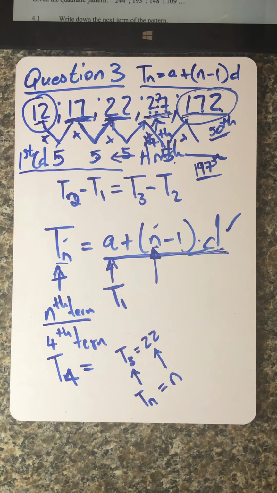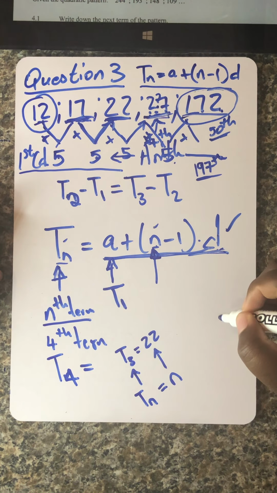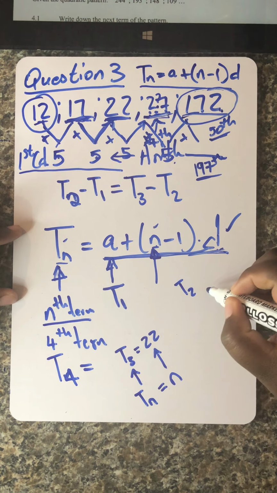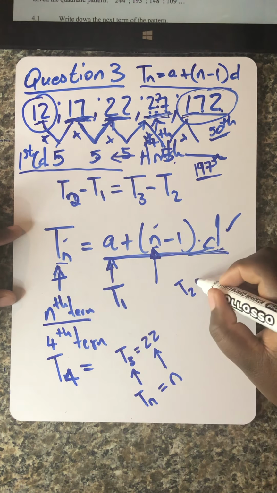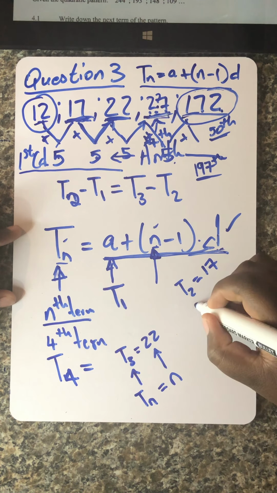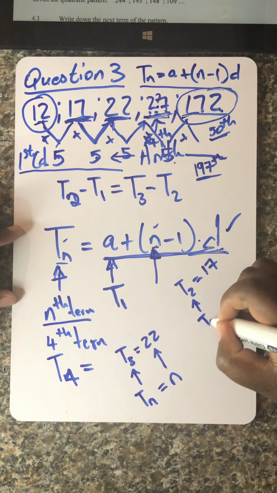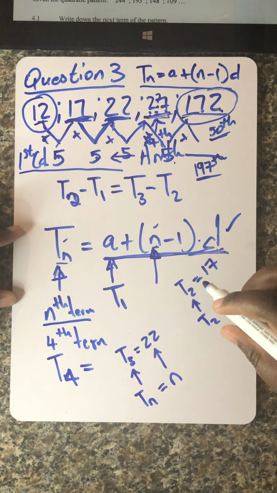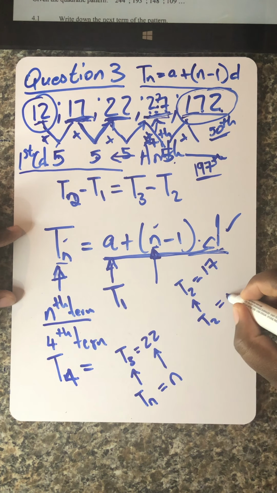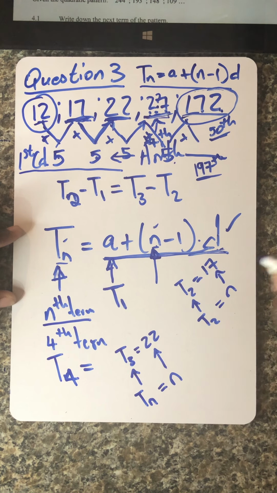Okay, so let's just try something else. Let's say, for example, term number 2 on that pattern, it's equal to 17. Okay, so in short, we are saying T2, which is term number 2 of that pattern, it's equal to N, which is 17.